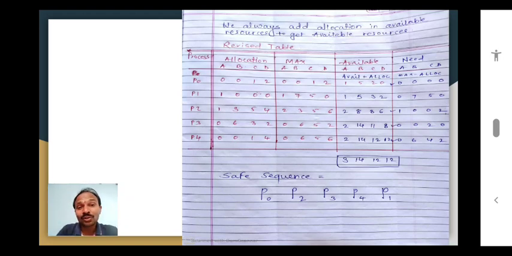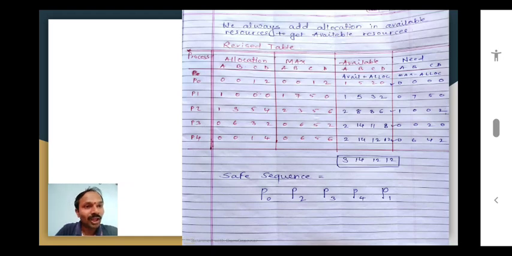Now the last thing that was remaining was the process which we have not considered in the safe sequence, that was P1, whose need was 0750. Now, will this need 0750 be fulfilled with the help of the availability 2, 14, 12 and 12? Yes, very sure it can be fulfilled, because it is less than 2, 14, 12 and 12 availability.